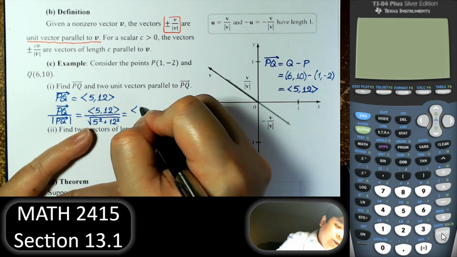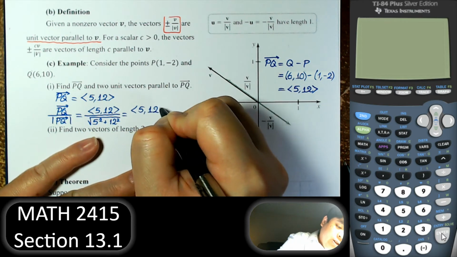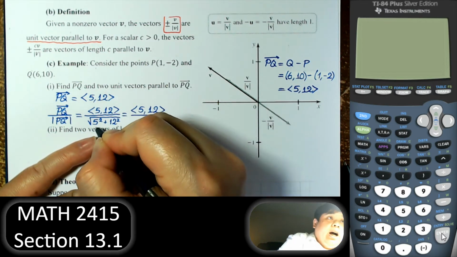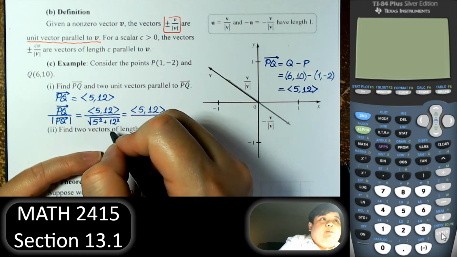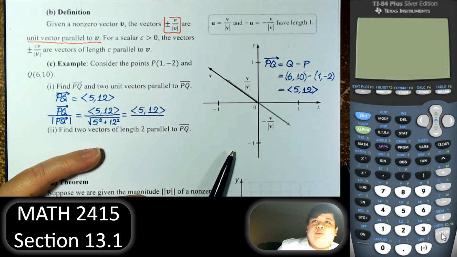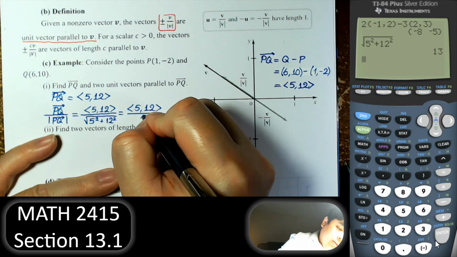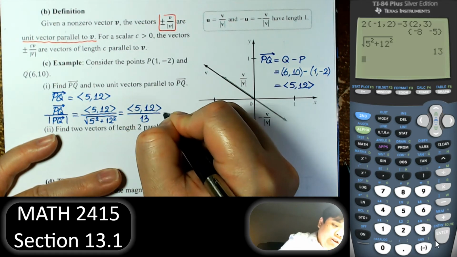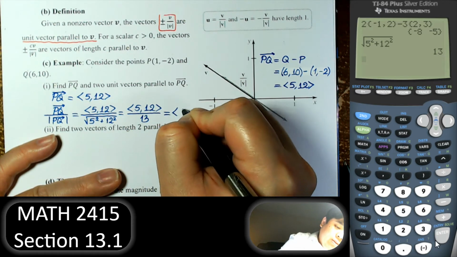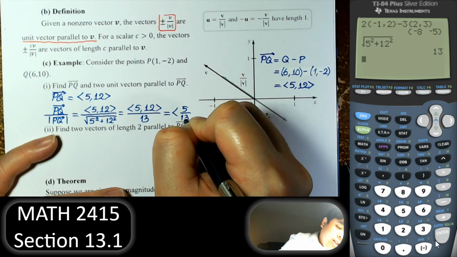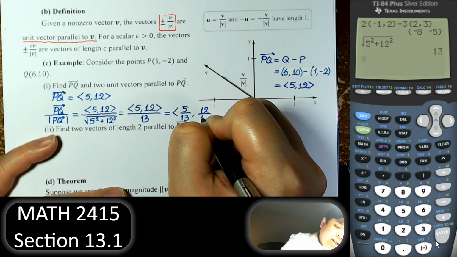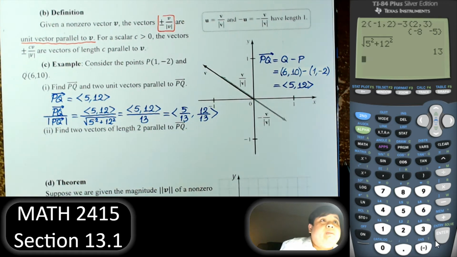So that is 5 and 12 over the square root of 25 plus 144, that should be 169. Square root of that is 13. And each of them we divide by 13: 5 over 13, 12 over 13. All right. So that's one of them.